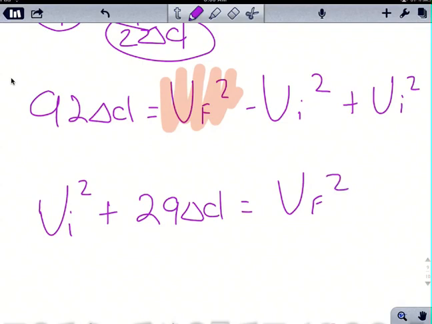The majority of the time when people mess up, they mess up there because they don't remember that we don't want to solve for final velocity squared, we want to solve for final velocity. Everybody forgets to take the square root of both sides, and then we get final velocity. Those are the main places where people mess up on acceleration.